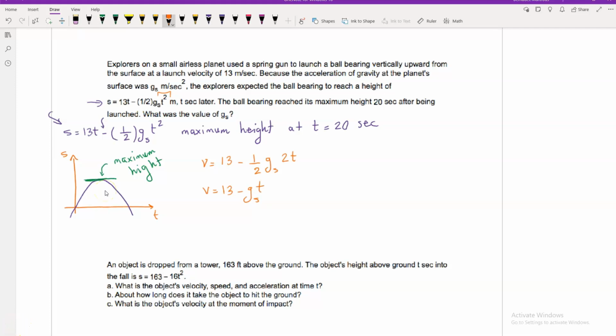So the point is, when we reach the maximum height, our velocity is 0. Velocity is 0 when we have maximum height, and that is when t is equal to 20 seconds.